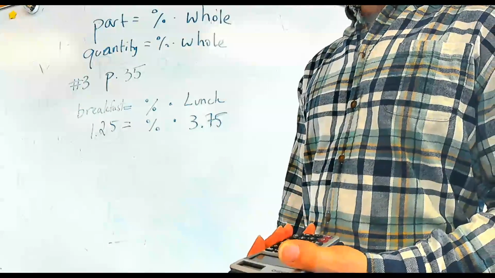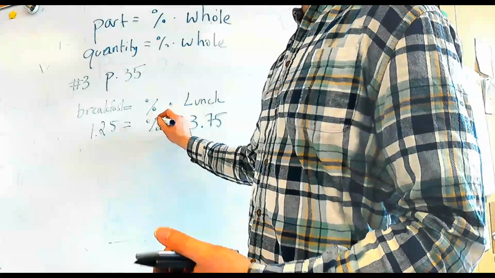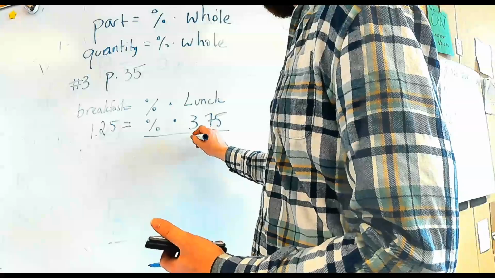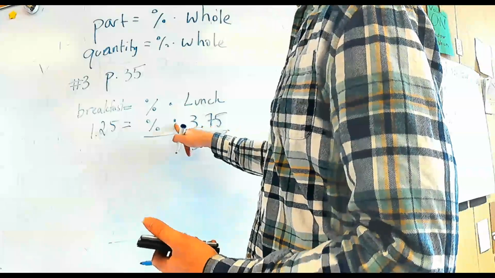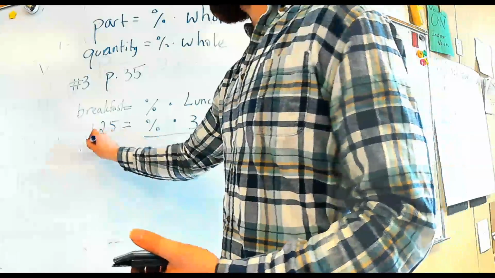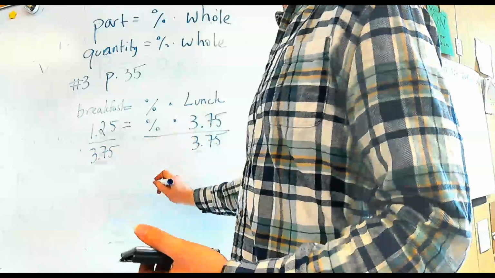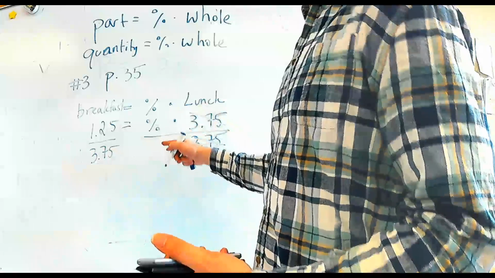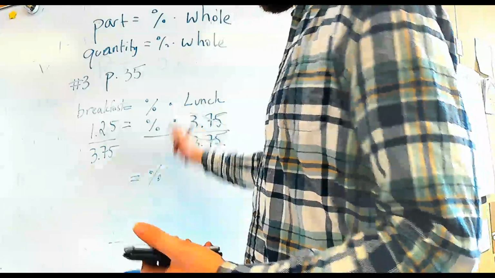Let's actually solve now. Let's go ahead and divide. Again, there's multiplication. If we want this variable, the percent, we have to divide both sides by the opposite, $3.75. Instead of multiplying by 3.75, we have to divide by 3.75. This cancels to 1. 1 times percent equals percent. On that side, we just have percent.